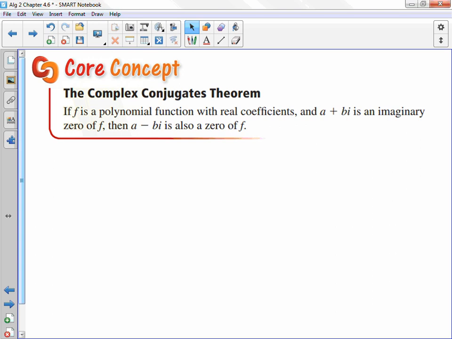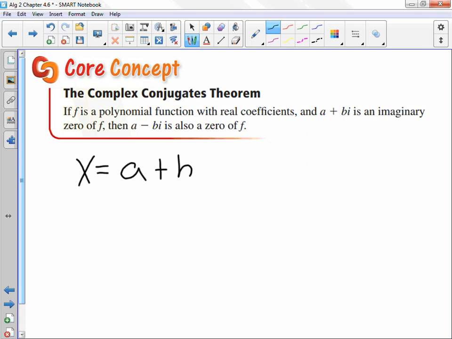Now this here, just like with the one we had yesterday, the irrational conjugate theorem, states that if x is equal to a plus bi is a solution, it means x is equal to a minus bi has to be a solution as well. They come in pairs.